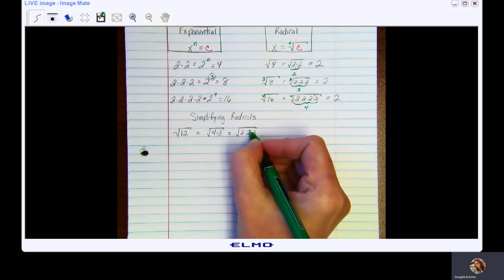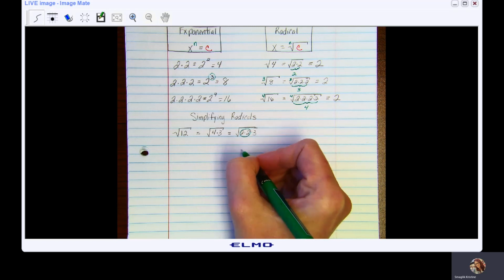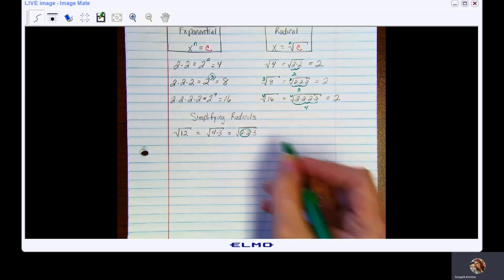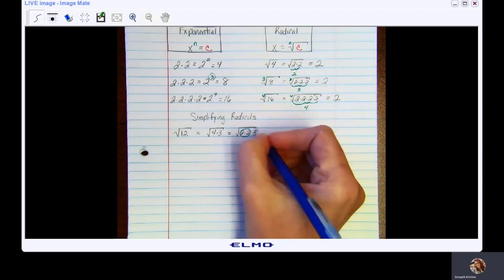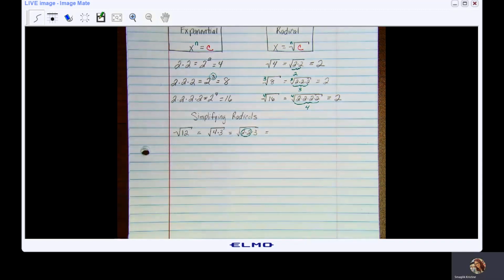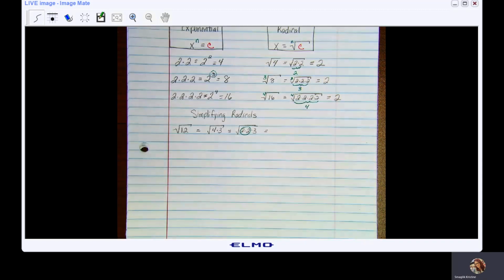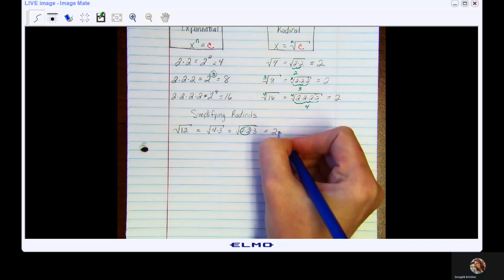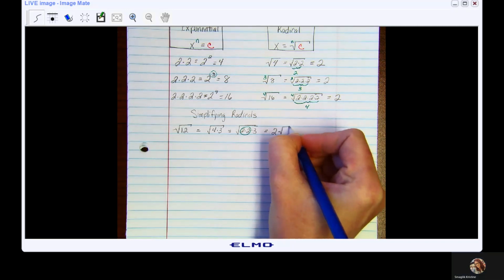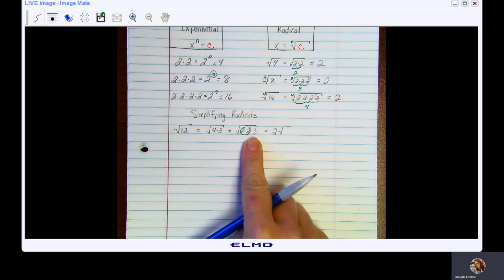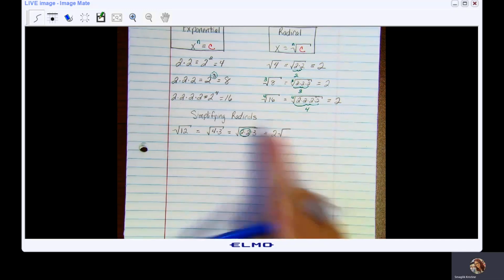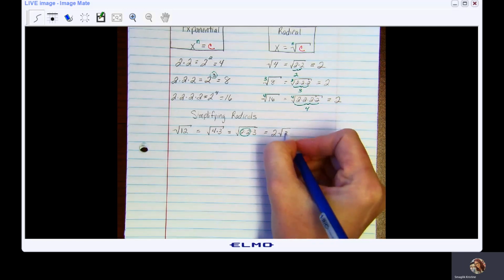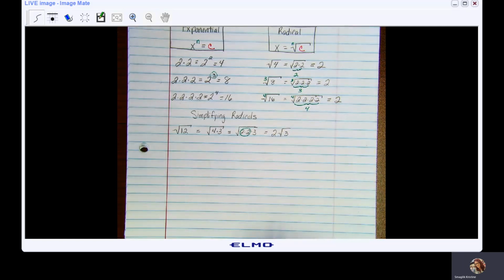And here's a number that appears twice. So that means I can pull that out, just like I did here. I know that equals 2. But there's only one 3 left under the radical. I'm looking for sets of 2, so it has to stay under the radical.